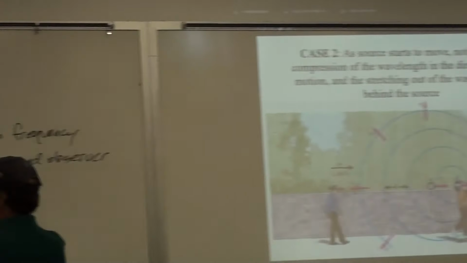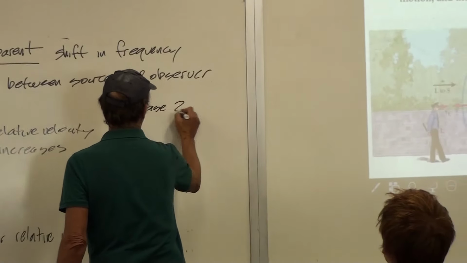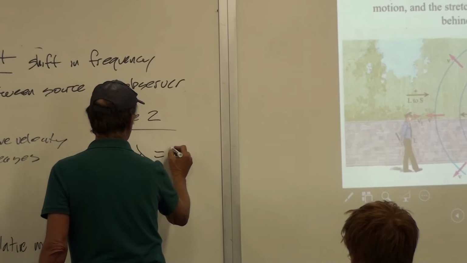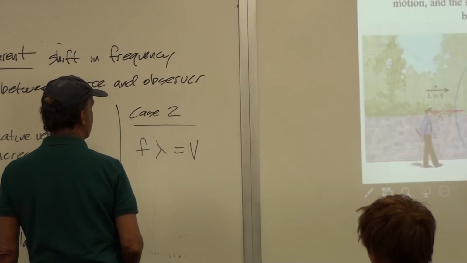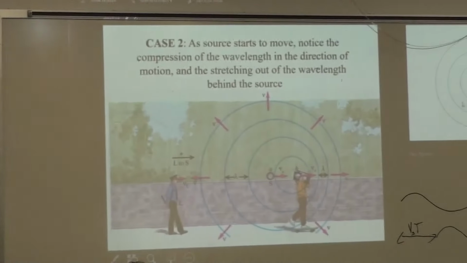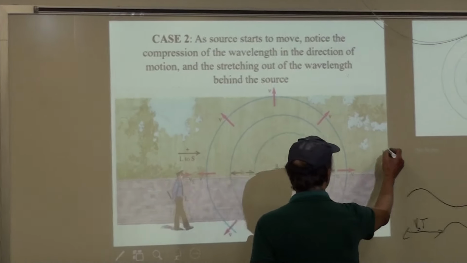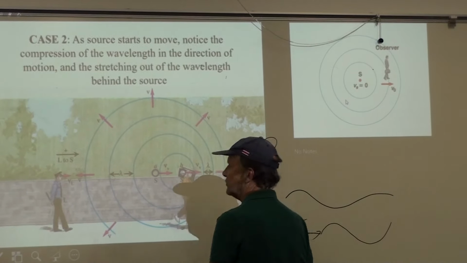So for this is case one, case two. Frequency times wavelength equals wave velocity. So in this case then, for motion toward, the wavelength gets smaller. So if you're over here, you're moving in this direction, the wavelength is shorter.